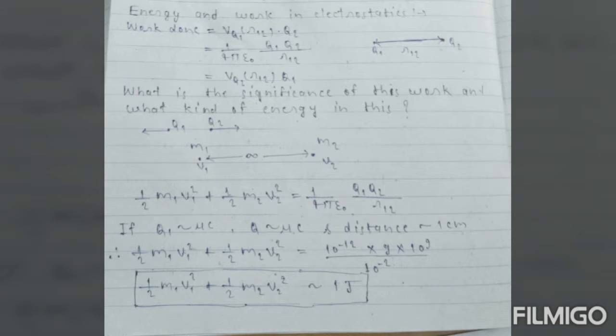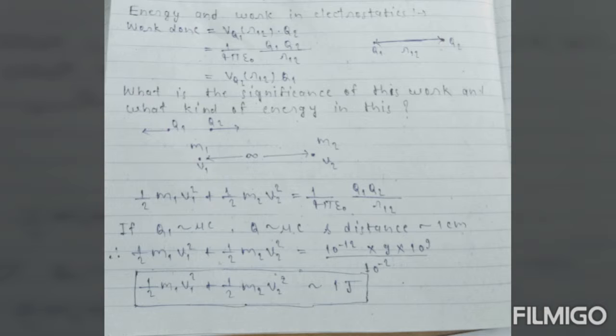Let's say Q1 is of the order of microcoulomb, Q2 is of the order of microcoulomb, then this potential energy will be of the order of 10 raised to minus 12 times 9 times 10 raised to 9 divided by, if the distance is say 1 centimeter between them, 10 raised to minus 2, of the order of 1 joule.